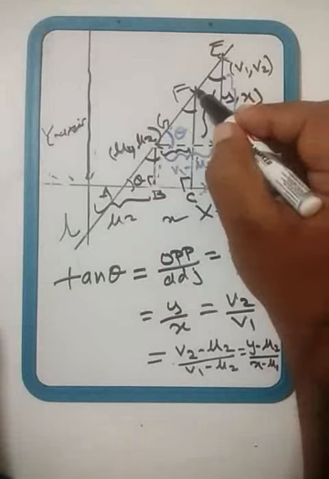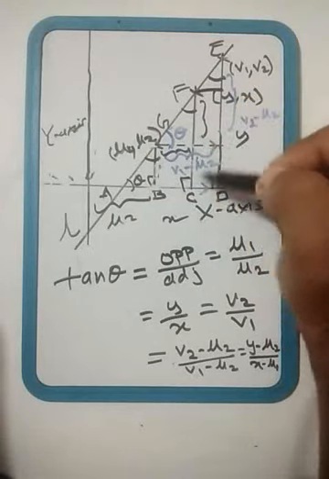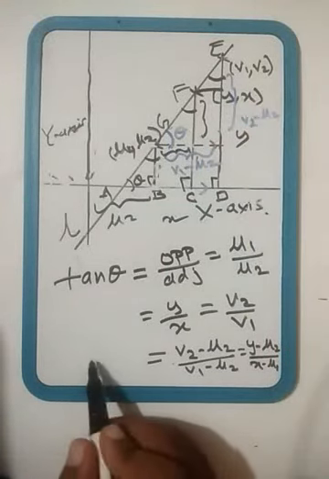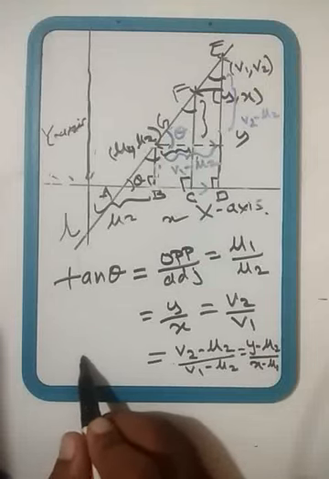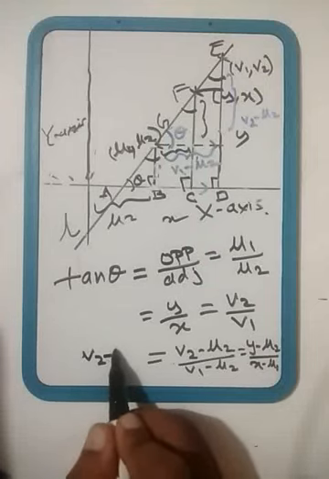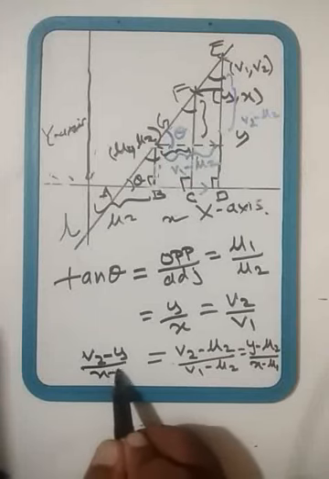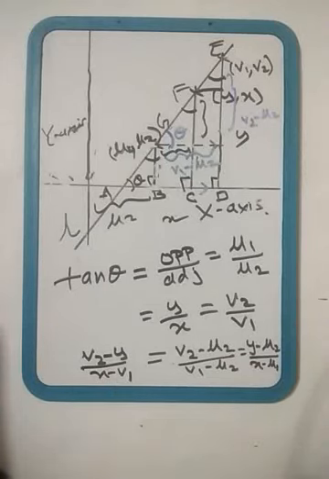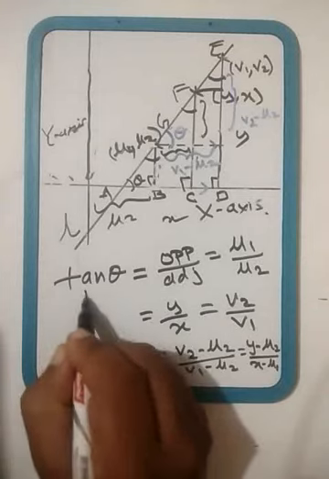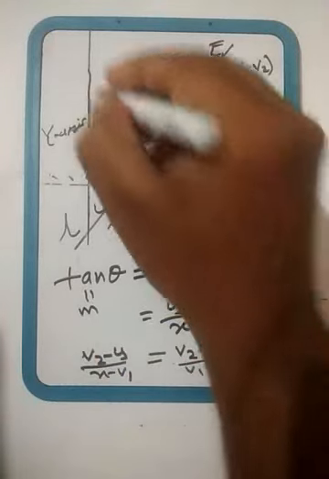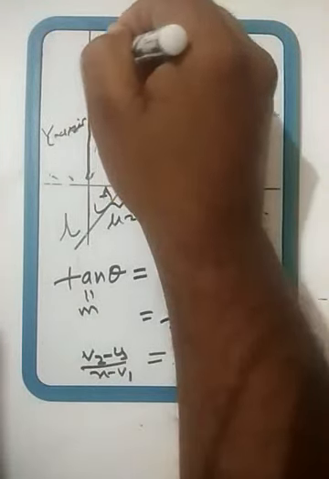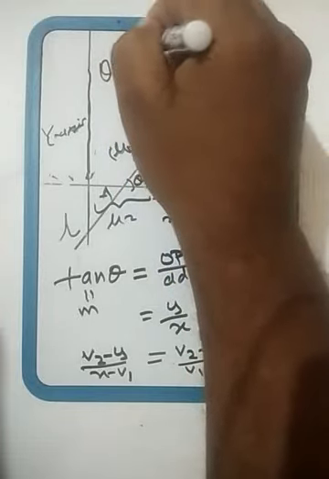If you draw a parallel line to the x-axis here, this is the same thing as v2 minus y upon x minus v1. So these are all tan theta, and this is called the slope. Theta is not assumed to be either pi by 2 or minus pi by 2.